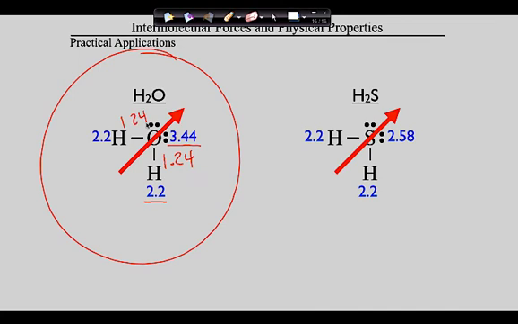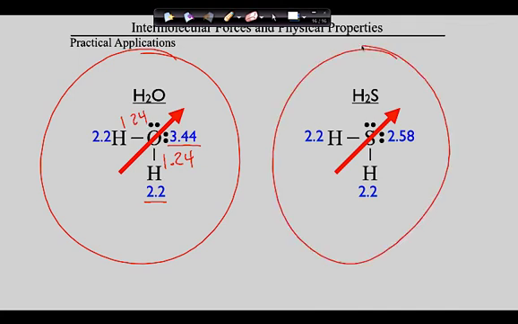But now, looking at the hydrogen sulfide, if we subtract their electronegativity differences, we find that this bond and this bond both have polarities of 0.38. We find those by subtracting 2.58 minus 2.2.